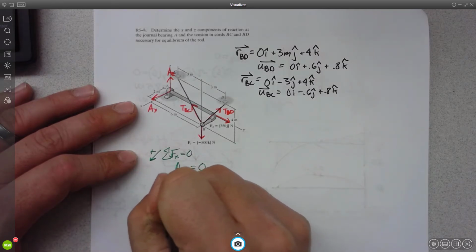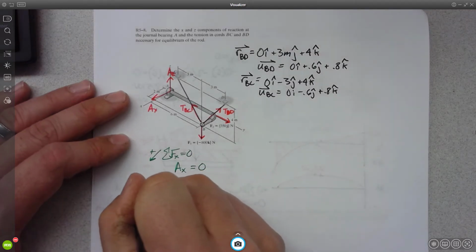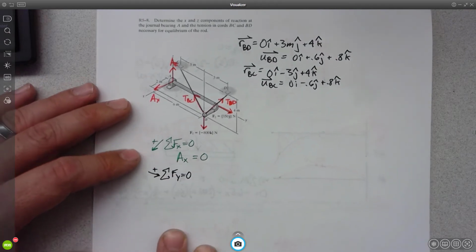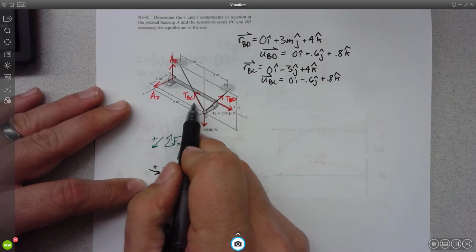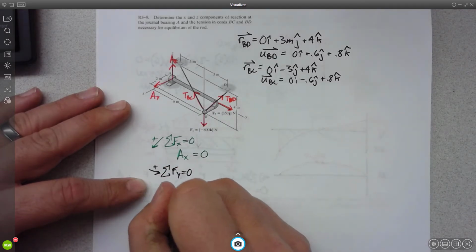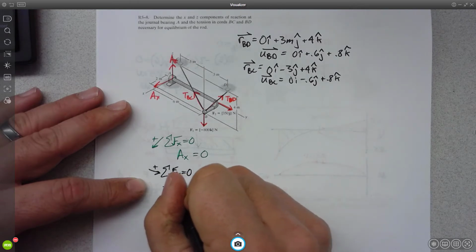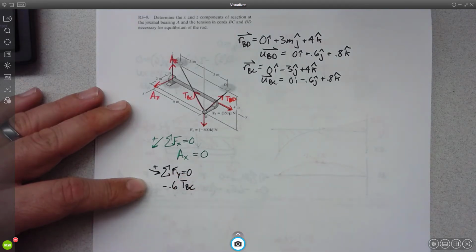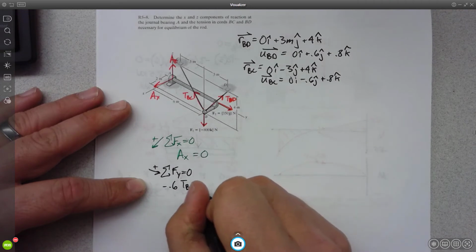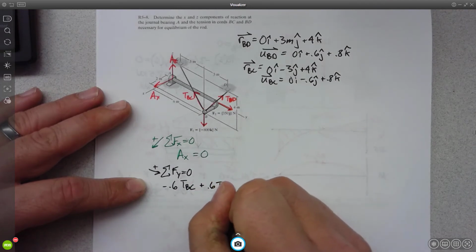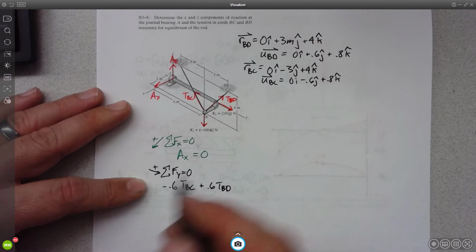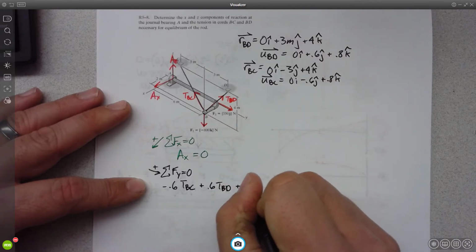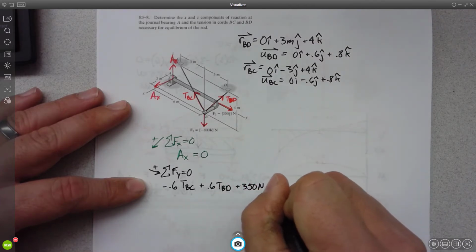Let's try the sum of the forces in the Y direction. What has forces in the Y? Well, it looks like TBC does, and it would be negative 0.6J, so negative 0.6 TBC. TBD does, plus 0.6 TBD. Anything else? F2 plus 350 newtons equals 0.